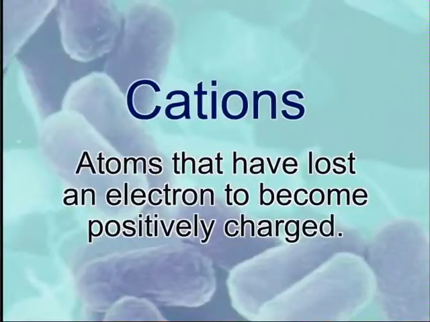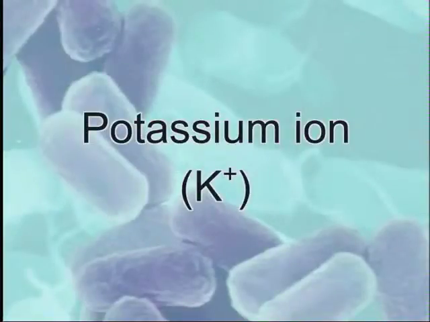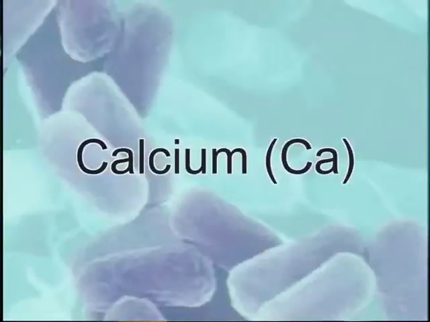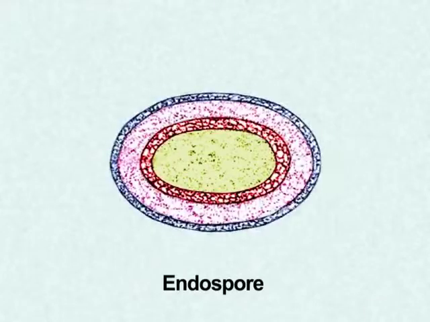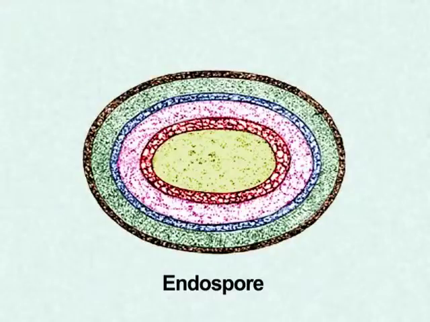For example, potassium ion is required for activity by a large number of enzymes, including some of those involved in protein synthesis. Calcium, among other functions, contributes to the heat resistance of bacterial endospores.